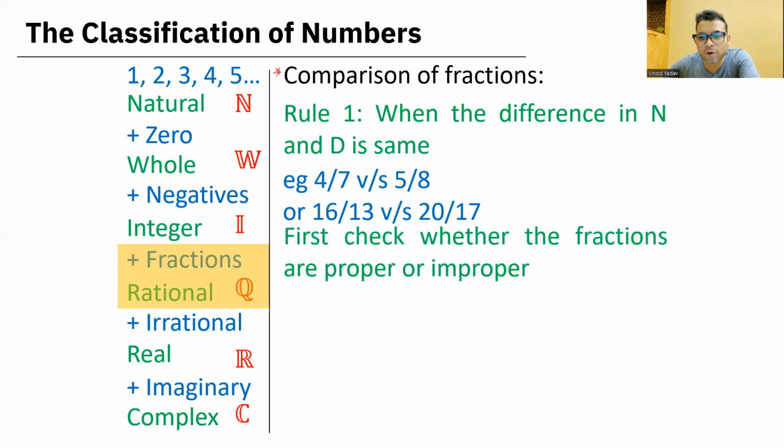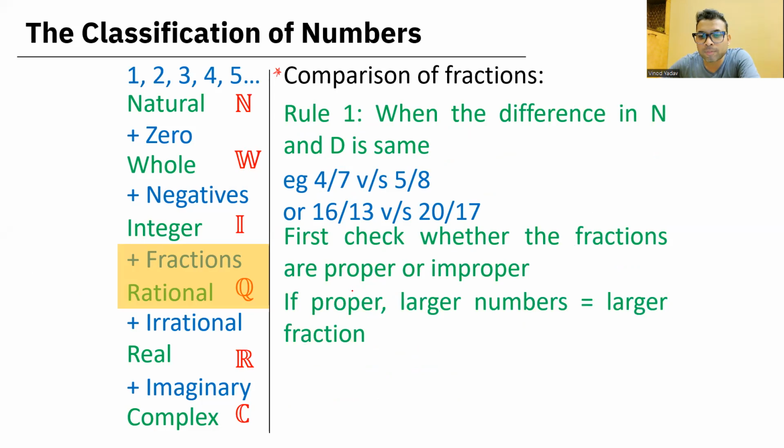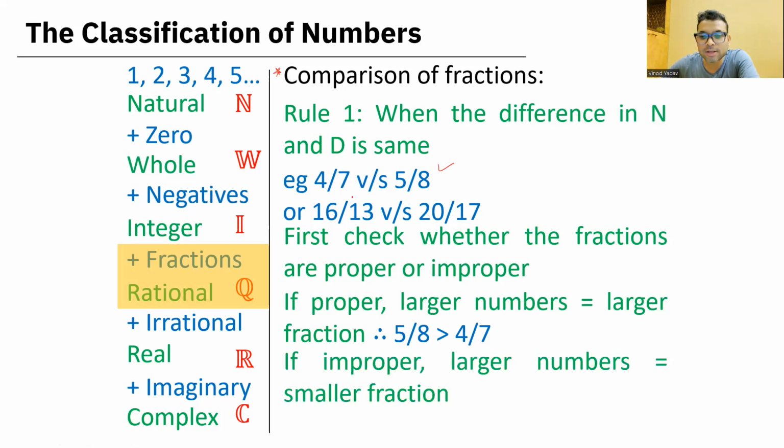First, check whether the fractions are proper or improper. If proper, the larger numbers will give you larger fractions. Remember, proper fractions behave properly. So the one which looks bigger is actually bigger. So here 5 by 8 will definitely be more than 4 by 7 for sure. And in the case of improper fractions, it is reverse. You can remember like this: improper fractions behave improperly.